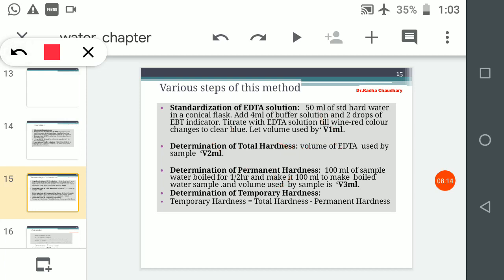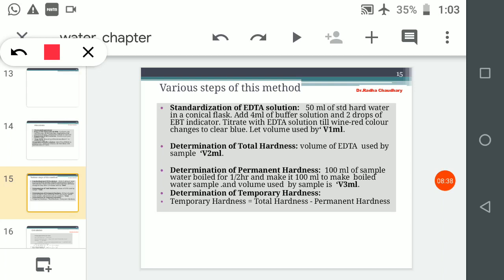Then the determination of permanent hardness. For the determination of permanent hardness, first we have to prepare the water. For the preparation, 100 ml of water sample is taken in a beaker, then kept for boiling for half an hour. After that, the volume of water is reduced by approximately 50%.